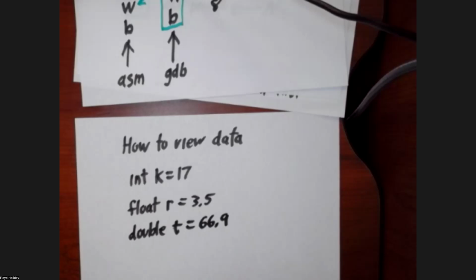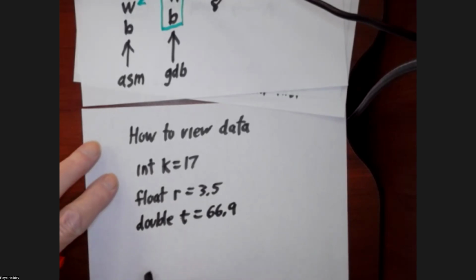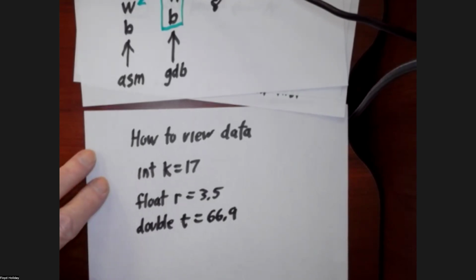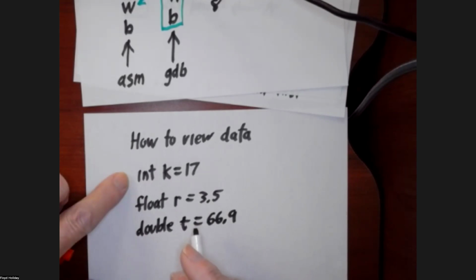Okay. GDB works in other languages as well as assembly. So if you're running C++ that's going to later call assembly, you might want to look at the values in C++, and it would look like this.